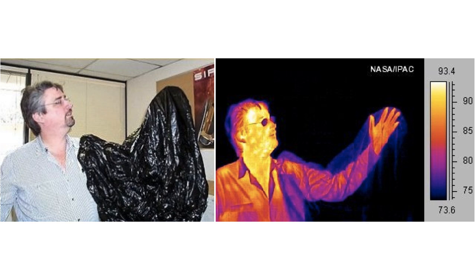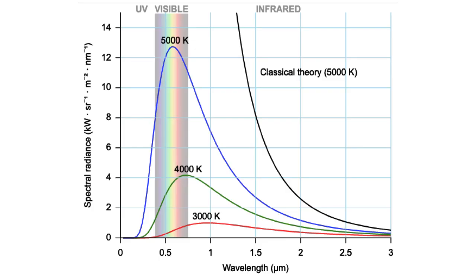So we know that these radiations from the black body depend on its temperature, and that has been well known for a long, long time. So this is the expected spectrum from a black body at different temperatures.